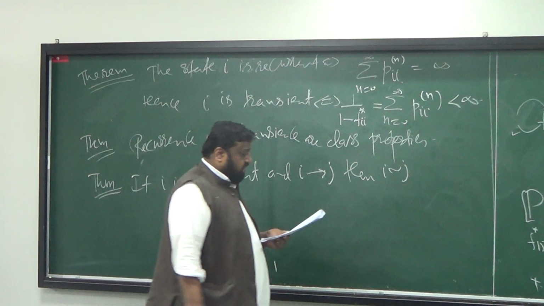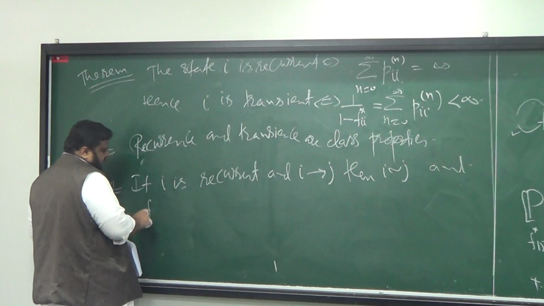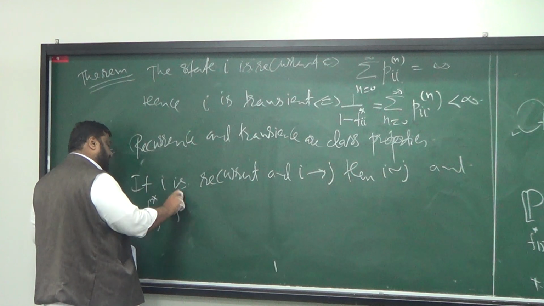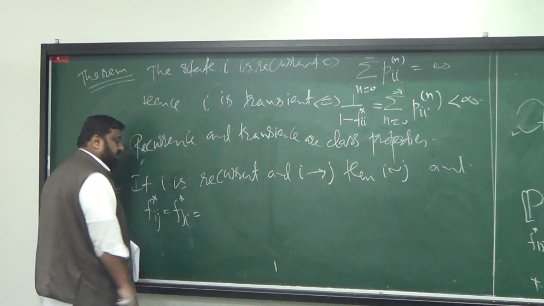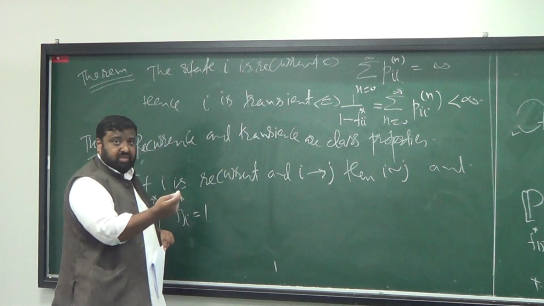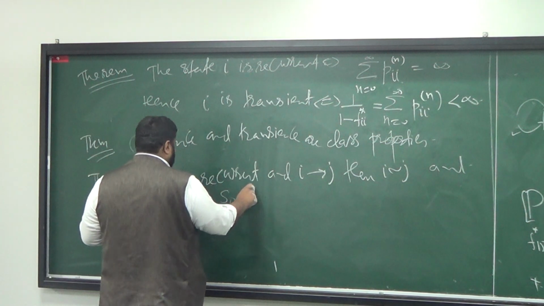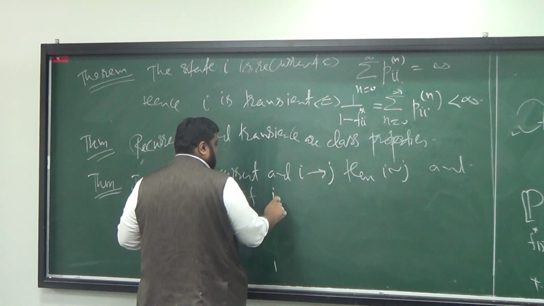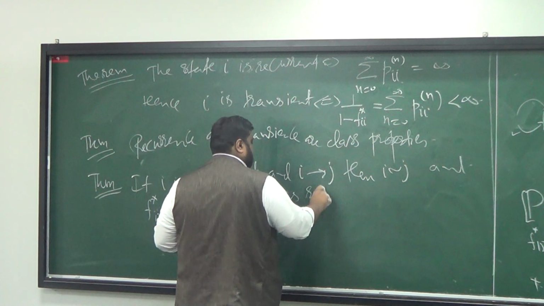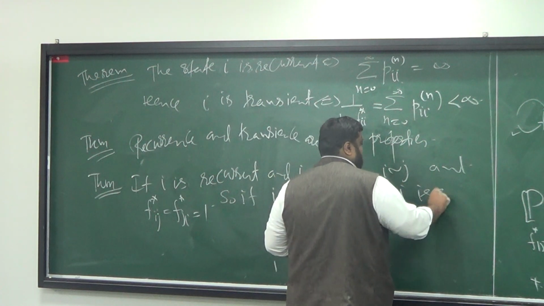That's the first thing. And not only will they intercommunicate, but the probabilities that you are going to reach from I to J, and that you are going to reach from J to I, must be what? One actually. Intercommunicating should be one. So I can say if I is recurrent, then I is essential.